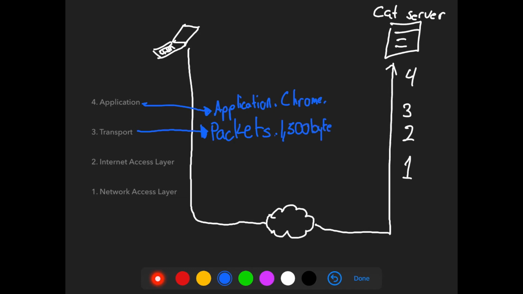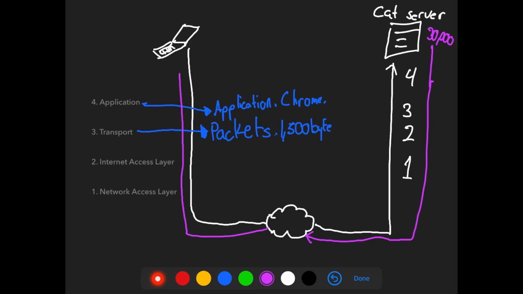And these packets, it also does a lot of other things, like the transport layer might give some information on how, let's say the cat server sends back 30,000 packets for a cat picture, and then you get that on your computer, what it will also send along with this 30,000 is metadata.